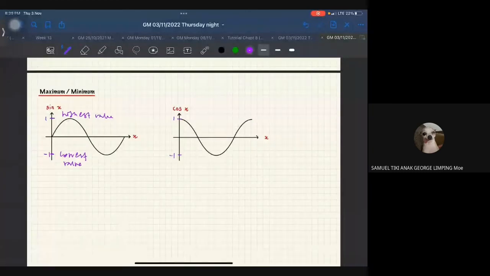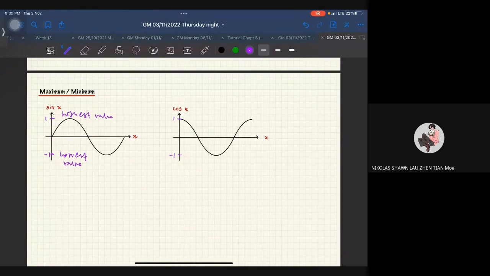This one. Okay, sama jugalah untuk sin dan juga cos. Okay, so kenapa tak ada untuk tangent? Why don't we have highest value or lowest value for tangent? Because tangent increases and decreases to infinity. Betul, exactly. Okay, so kalau awak ingat balik macam mana graph tangent looks like.